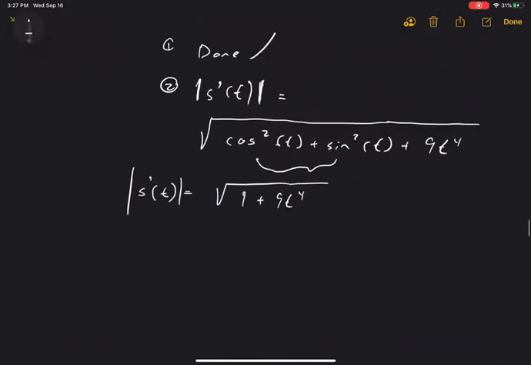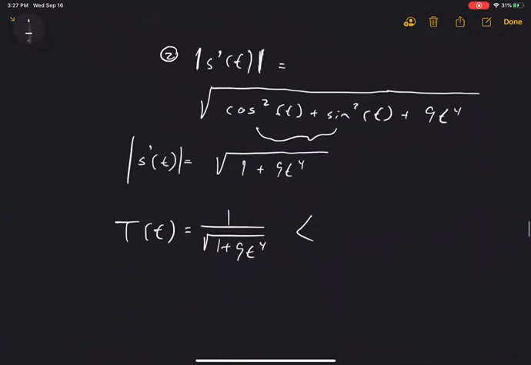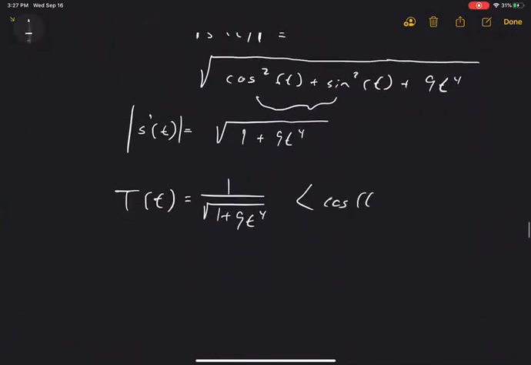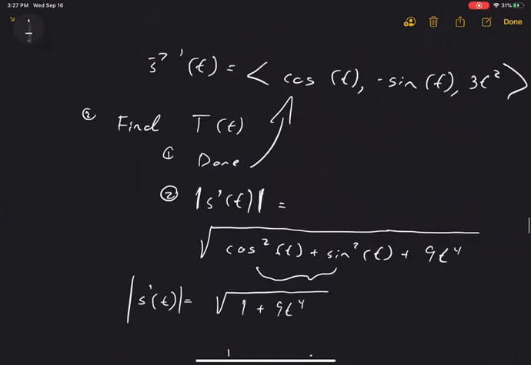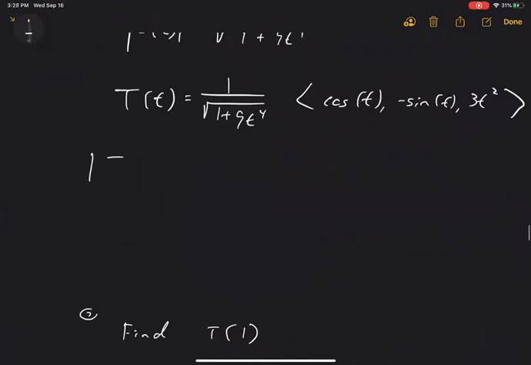So let's put it all together. That means T of t will be 1 over the length times the tangent vector. In other words, this. And we can double check that this is the unit tangent vector.